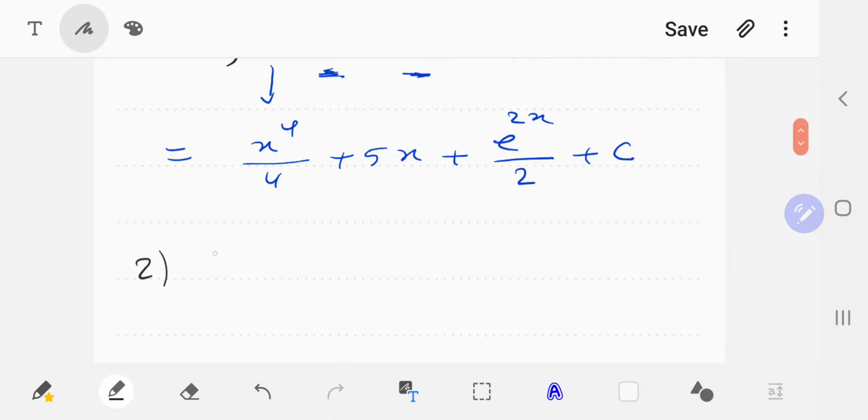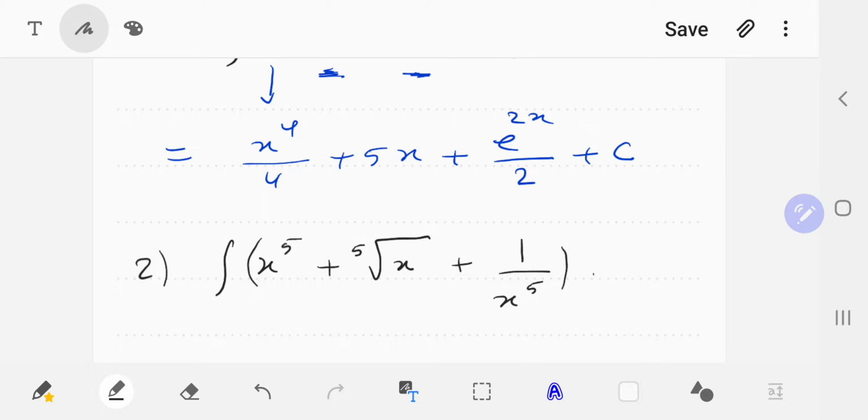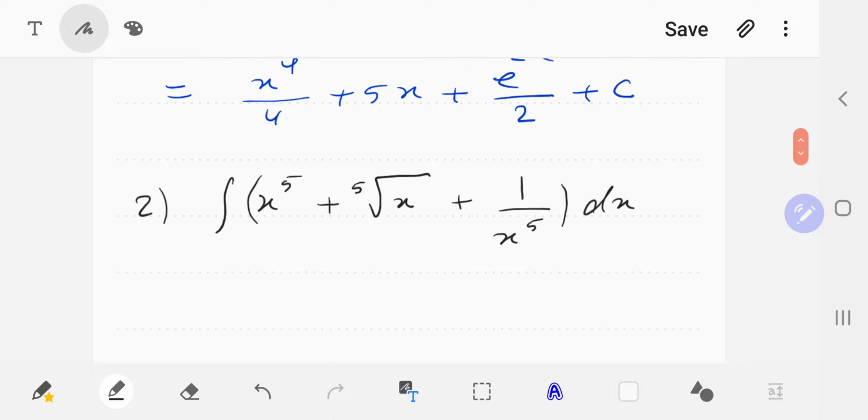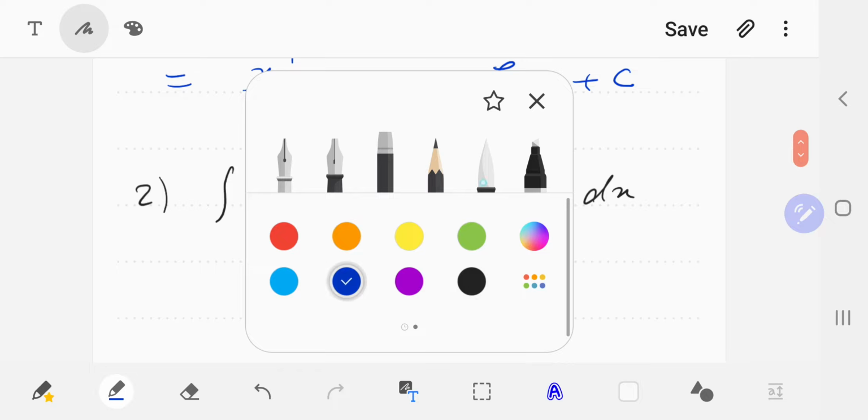Let's say we have integration of x to the power of 5 plus fifth root of x plus 1 over x to the power of 5, all of these depending on x. Now, again, is the question ready?